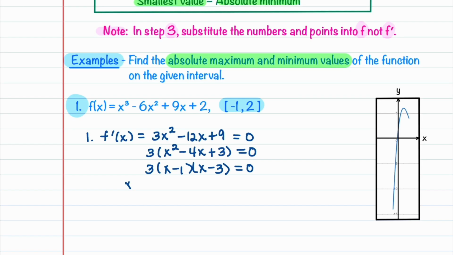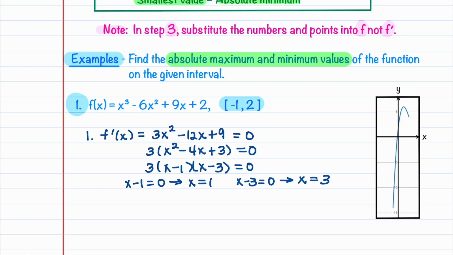We set x minus 1 equal to 0, and we get x is equal to 1, and then we set x minus 3 equal to 0, and we get x is equal to 3. X is equal to 1 and x is equal to 3 are our critical numbers.